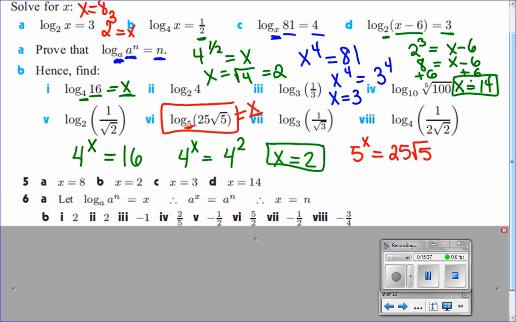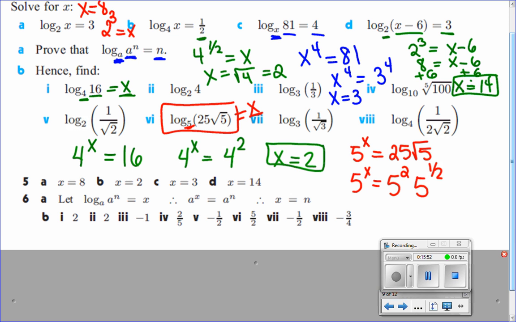So a bit of review of exponents here. So we've got 5 to the x, 25 is 5 squared, the square root of 5 is 5 to the 1/2. Remember, when we have the same base with exponents, we add our exponents. So we've got 5 to the x equals 5 to the 2.5, or you can write that as 5 over 2.